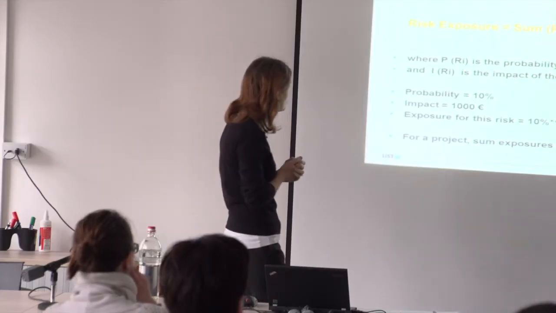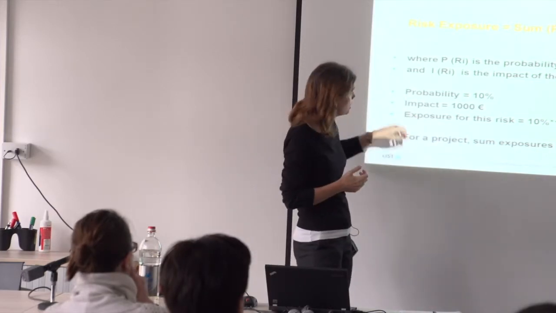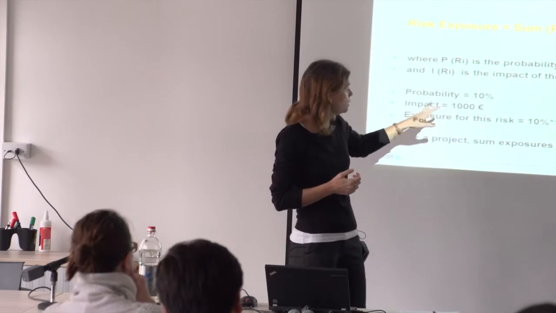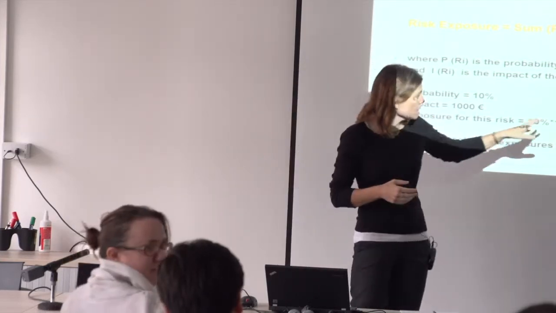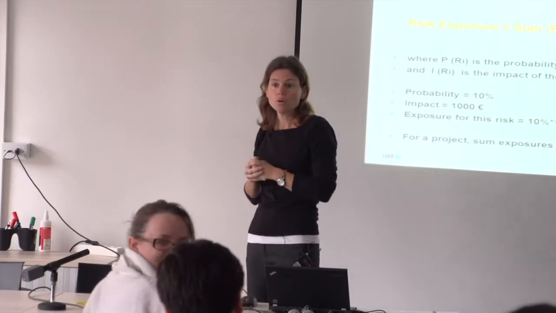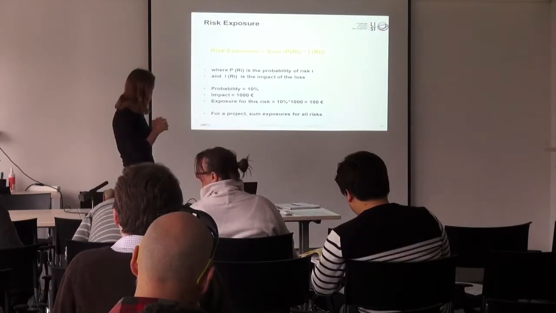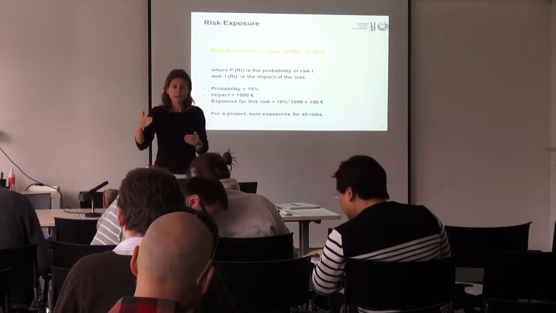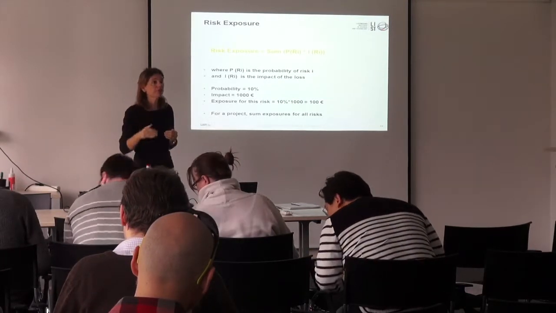So 1,000 euros. For that risk, the exposure is the multiplication of the probability and the impact. So for that risk, I have $100 exposure. On a project, I can list the different risks that I have.